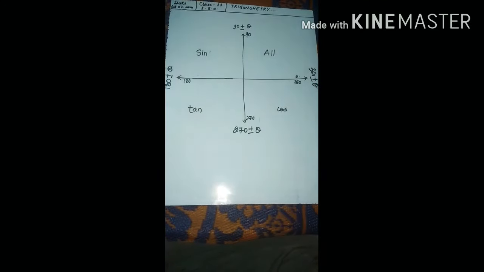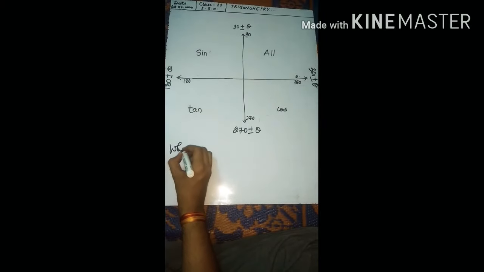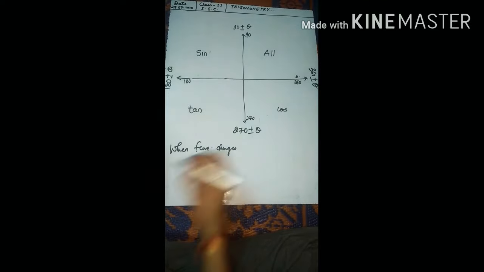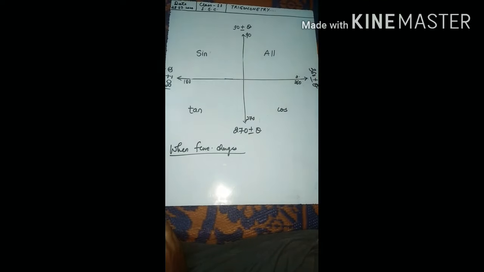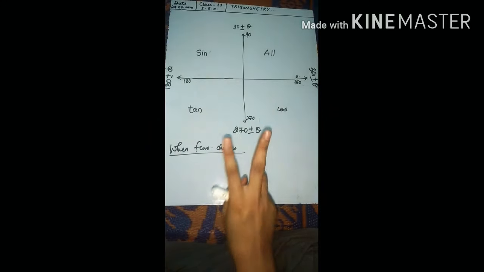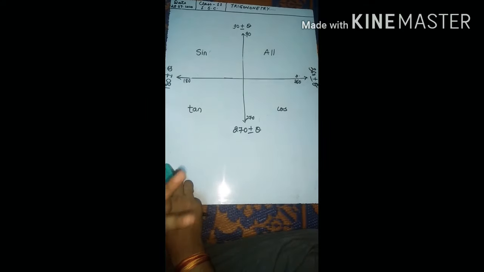Now, what you have to understand next is that you have to remember 2 things. Okay, that when function changes, what I'm trying to say is that the function changes into its co-function. So in 2 things your function changes.